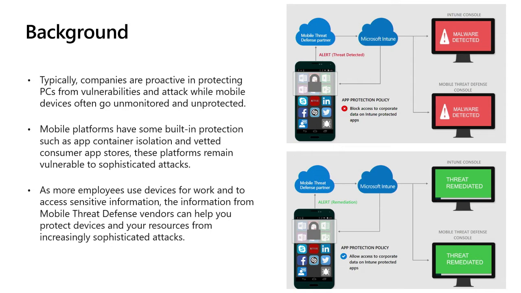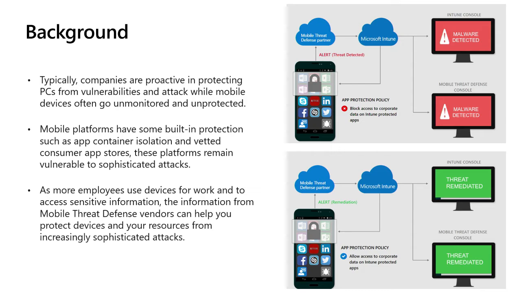Because they have a client app on your device, they're able to detect what that specific threat is and pass that over to Intune, where Intune uses that threat level and compares it to what your IT admin thinks is fine, and either blocks or allows access to corporate data within an app using app protection policies. And then we surface that error or threat in either the Intune console or the mobile threat defense console in varying levels of granularity and detail.